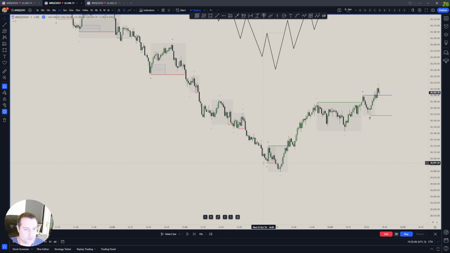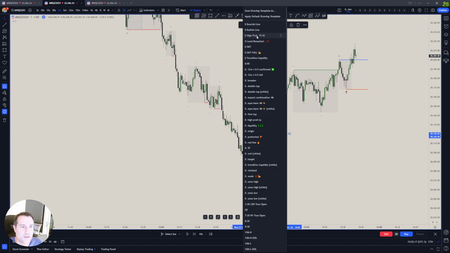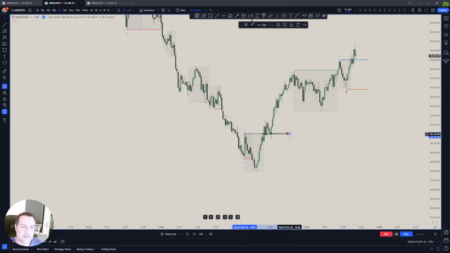At one point we reach a point where a certain low is put in, the low is breached, price comes back to a level that should have been protected, and that level does not hold, and it is violated, and price closes above it.